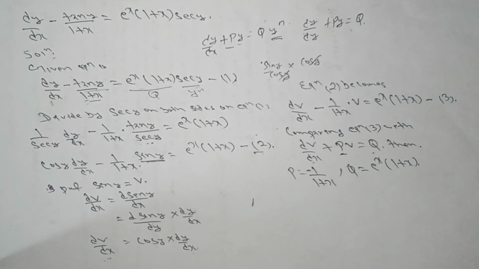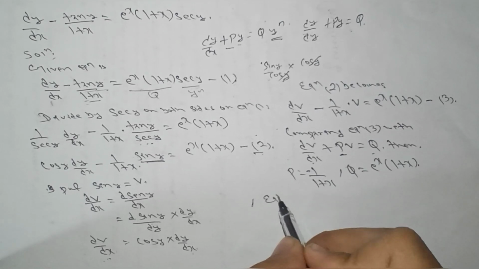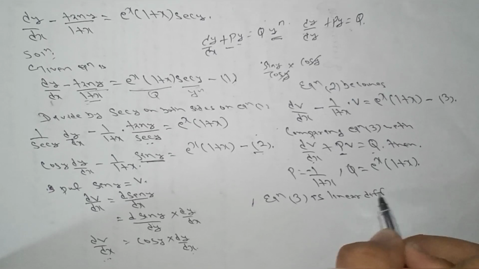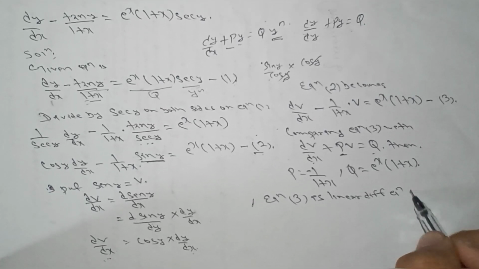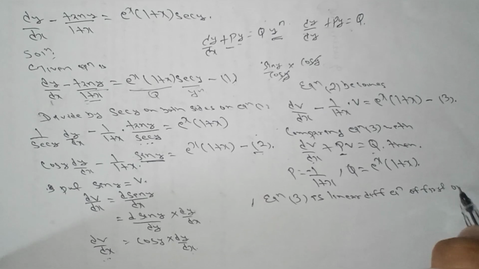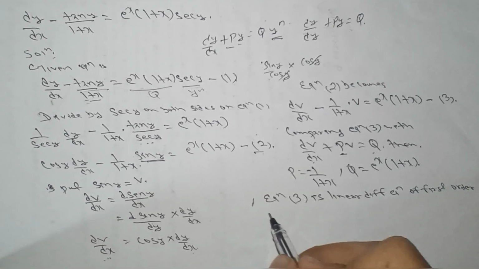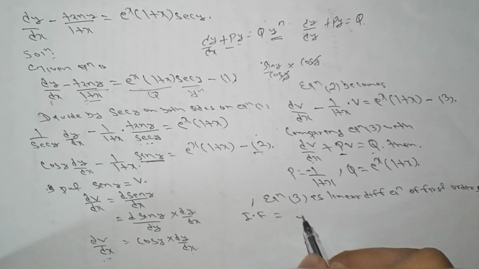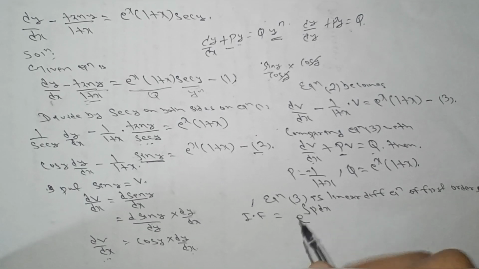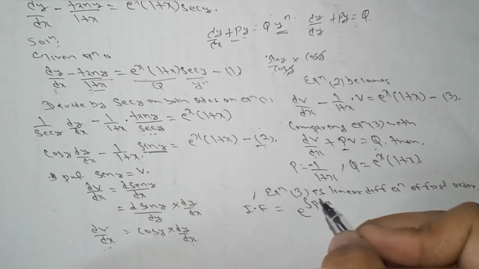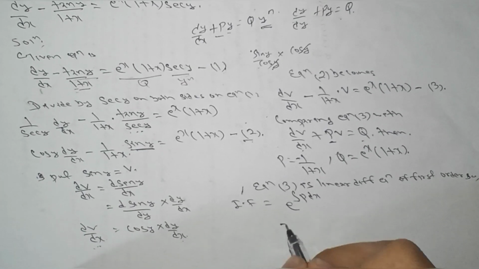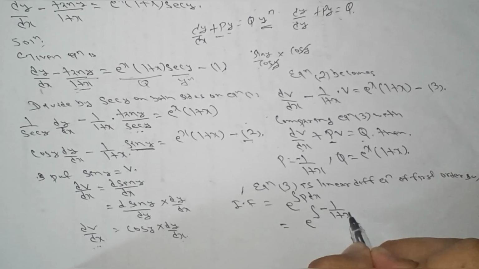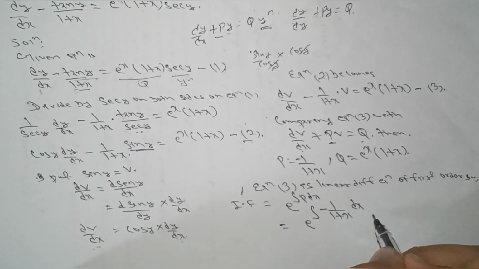Okay, so now equation 3 is a linear differential equation of first order. So its integrating factor, that is IF, is equal to, we have the formula, e power of integration of P dx. So now we can write this as e power of integration of minus 1 by 1 plus x dx.